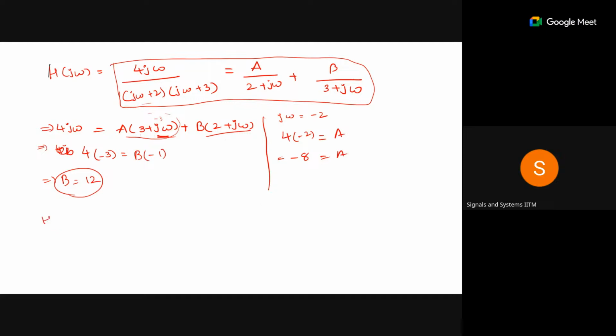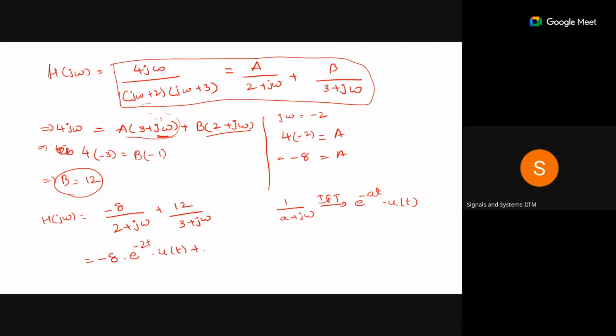As a result, H of j omega will be minus 8 by (2 plus j omega) plus 12 by (3 plus j omega). One thing which I told is that the inverse Fourier transform of 1 by (a plus j omega) will be e power minus a t u(t). So it will be minus 8 e power minus 2t u(t) plus 12 times, since it is a constant it stays the same, e power minus 3t u(t) will be the answer.